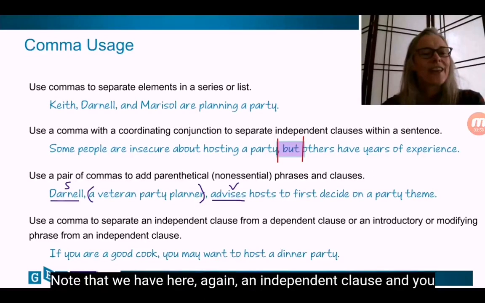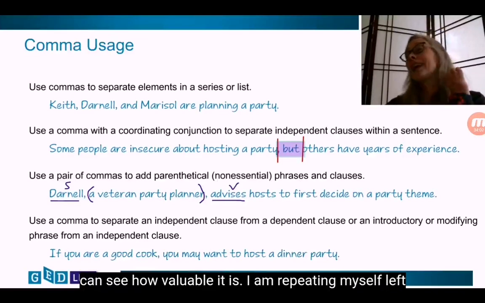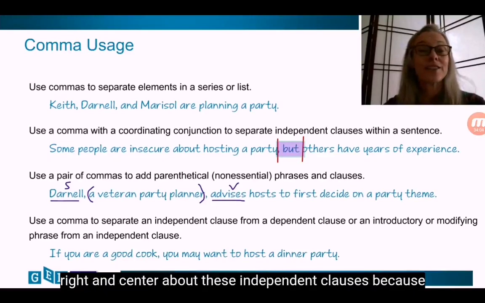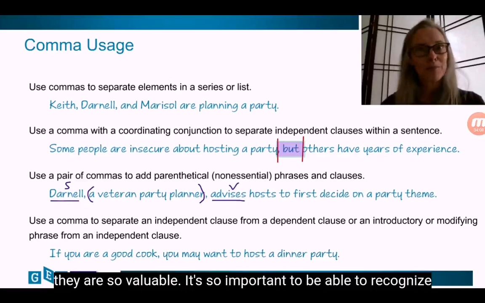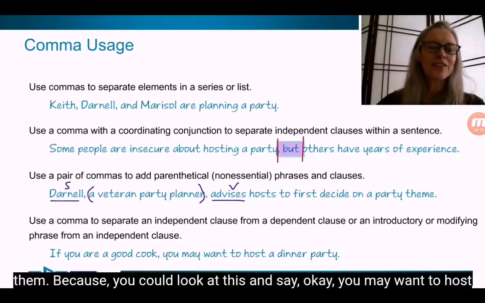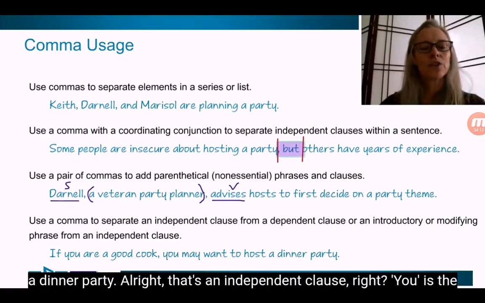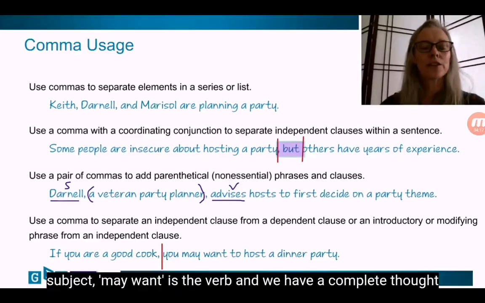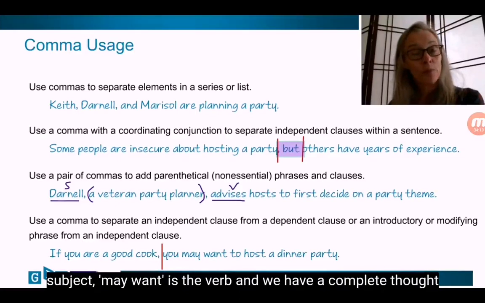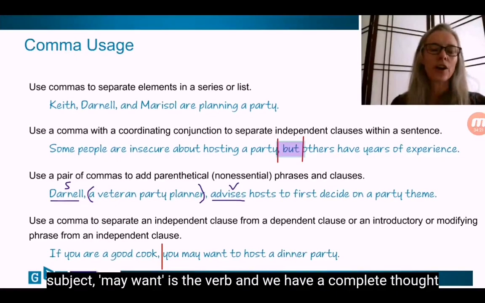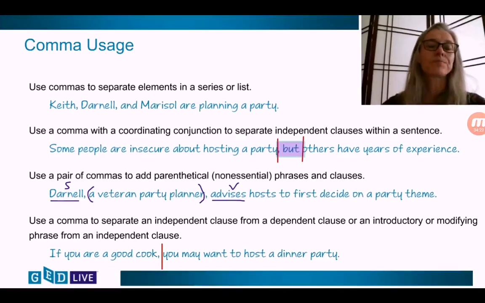Note that we have here, again, an independent clause, and you can see how valuable it is. I'm repeating myself left, right, and center about these independent clauses because they are so valuable. It's so important to be able to recognize them, because you can look at this and say, okay, you may want to host a dinner party. All right, that's an independent clause, right? You is the subject, may want is the verb, and we have a complete thought communicated there.